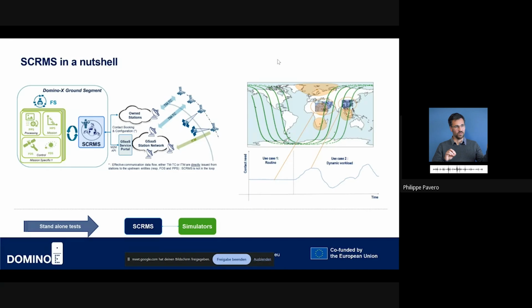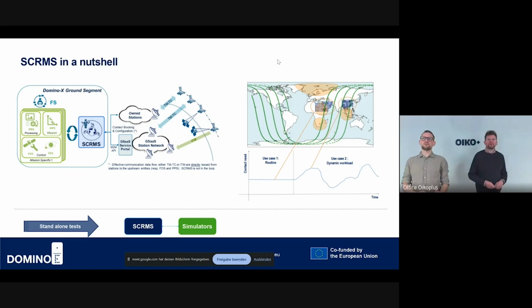So that means it is not doable at the beginning of the project, of course, and it's also very difficult to do it manually. So the SCRMS has the automation of this process so that the contact plan can still be computed at the last moment and updated, thanks to the algorithms and architecture that provide this capacity.